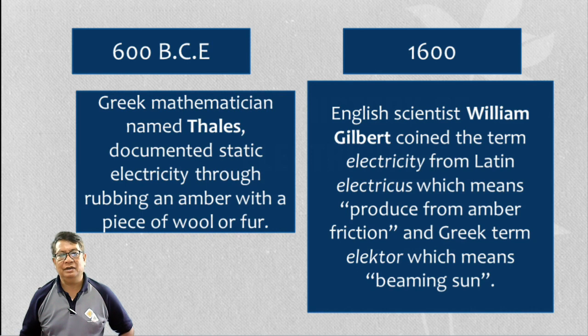In 1600, William Gilbert, an English scientist, coined the term electricity from the Latin electricus, which means produced from friction. It is due to rubbing and friction. So the idea of Thales was continued by William Gilbert.